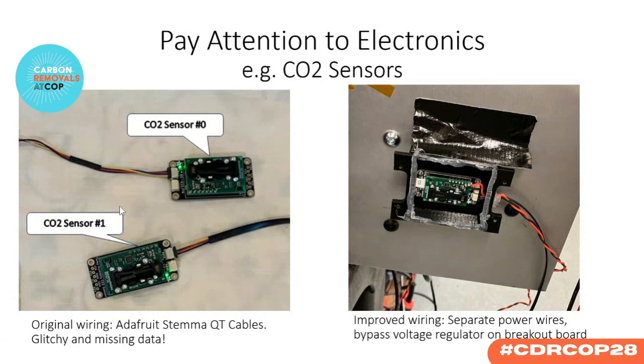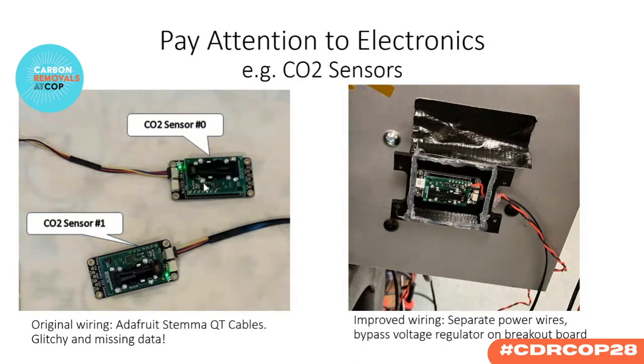So these cables provide the power supply to the sensor at 3.3 volts, and it provides I2C connectivity for actually transferring the data. But what happens is these wires are thin, even for the power supply, and then this little breakout board here has a low dropout voltage regulator. So when the voltage actually arrives at the supply pin of the CO2 sensor, it's going to be a little bit less than 3.3 volts.